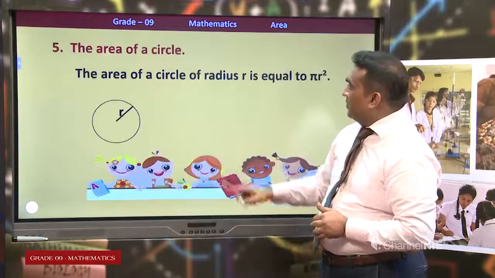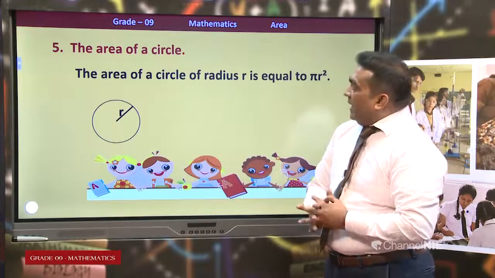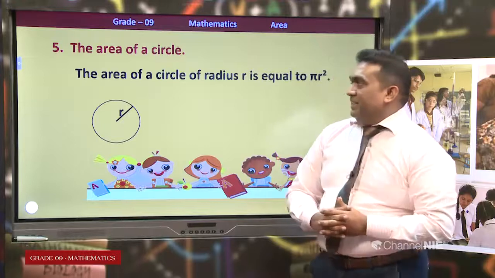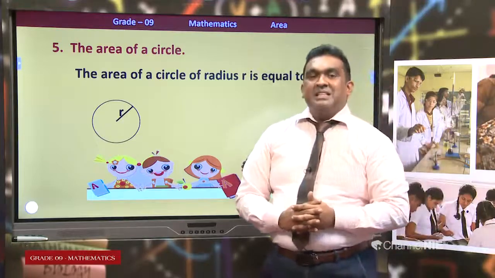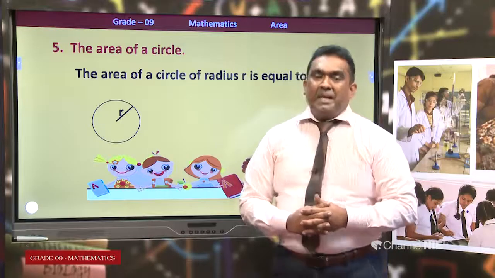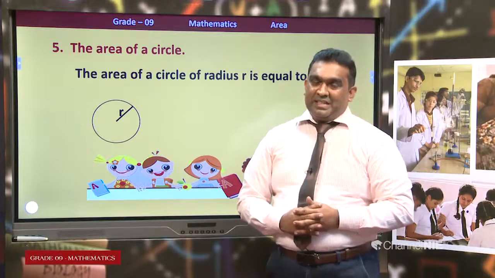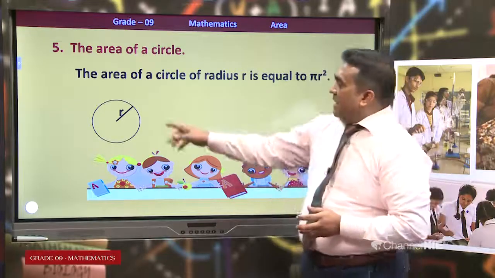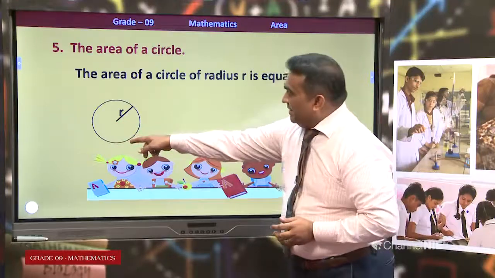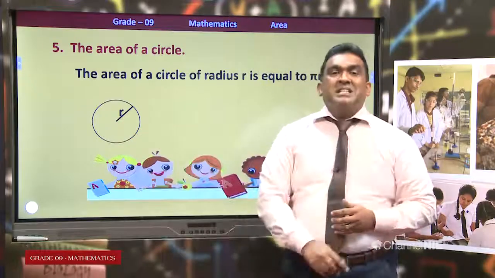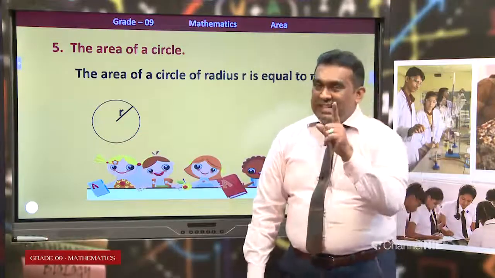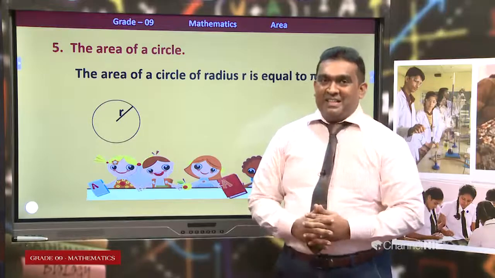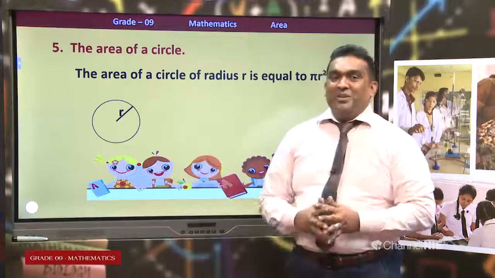Then area of a circle, area of a circle. This is our last plane figure. Circle. This is a circle. Can you remember in grade 6 class, your first lesson, circles? Here again you have the circle.